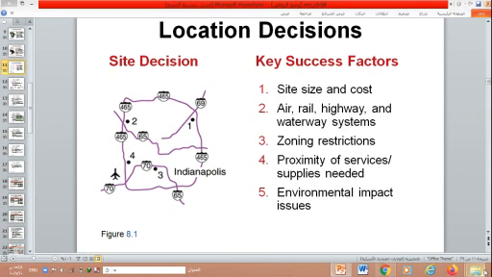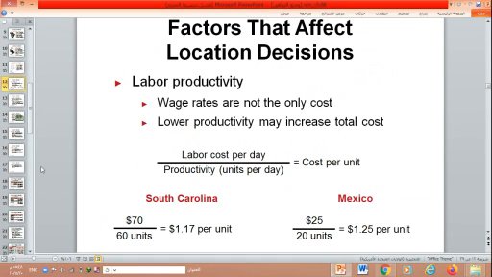Okay. Besides globalization, there are several factors that affect a location decision, such as labor productivity and foreign exchange, and also the culture, changing attitudes toward the industry, and proximity to markets, suppliers, and competitors.